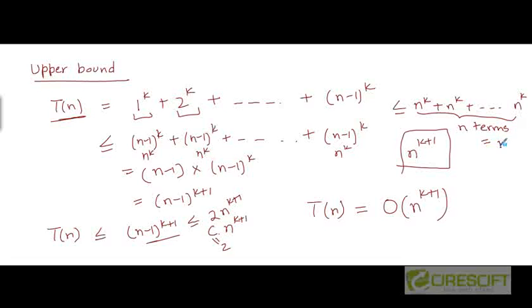And this resulting series is equal to n to the power k plus 1, because this is going to be n times n to the power k, which is n to the power k plus 1. So T of n is less than or equal to n to the power k plus 1. And because T of n is bounded from above by a constant multiple of n to the power k plus 1, T of n is in big O of n to the power k plus 1.